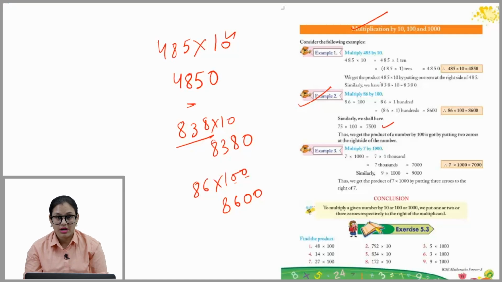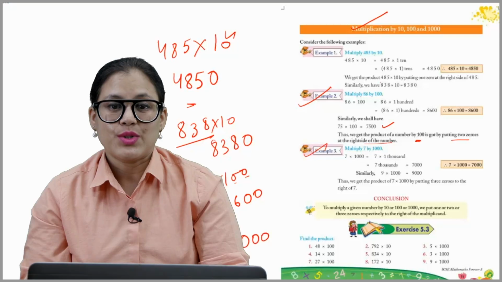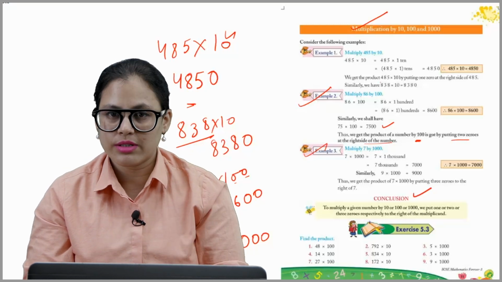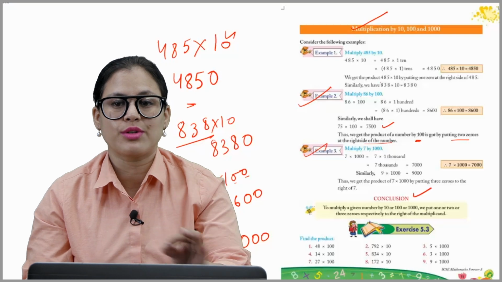Thus, we get the product of a number by 100 by putting 2 zeros at the right side of the number. Okay. Similarly, example 3, multiply 7 by 1000. So you will write 7 as it is and you will put 3 zeros to the right side of 7. Okay. So conclusion, to multiply a given number by 10 or 100 or 1000, we put 1 or 2 or 3 zeros respectively to the right of the multiplicand.